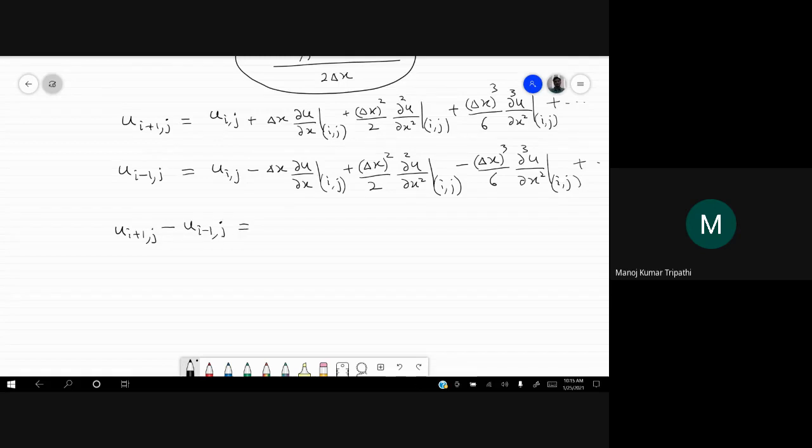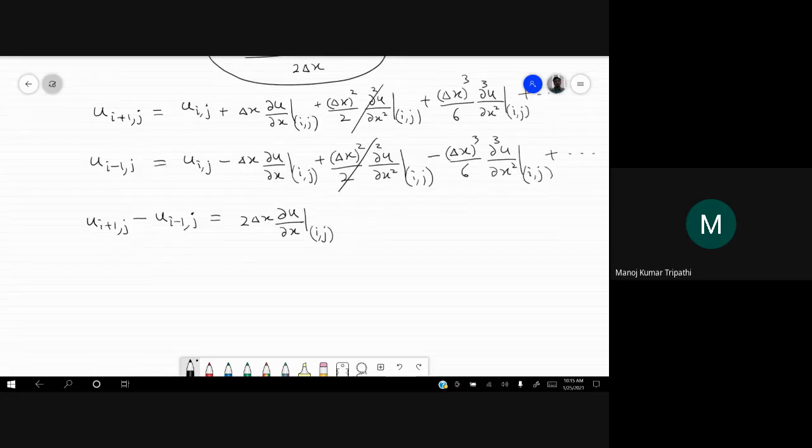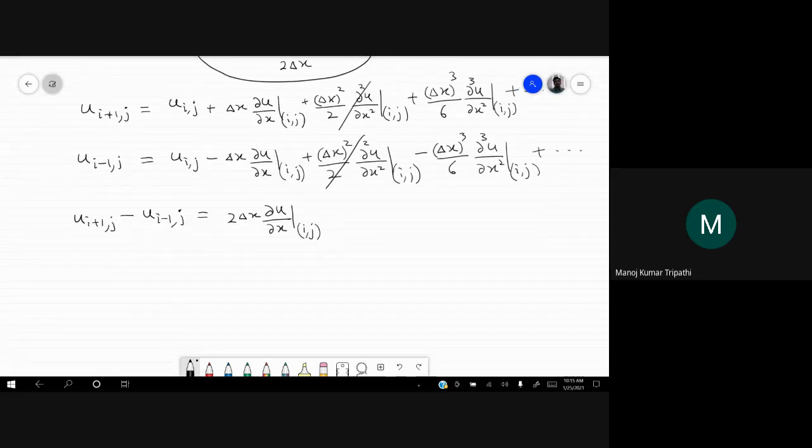This will be equal to, so subtracting that, you will get 2 delta x dou u by dou x ij. Then the second term will cancel out. The third term will become delta x cubed by 3, dou 3u by dou x cube at ij.